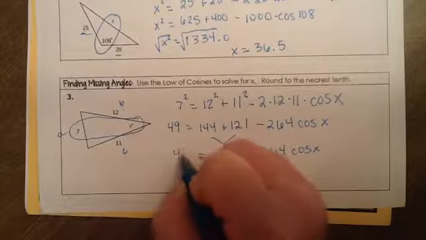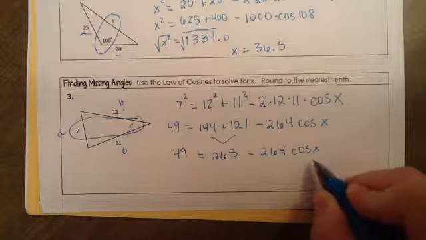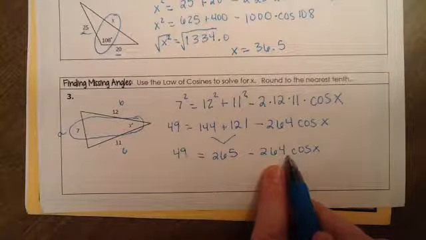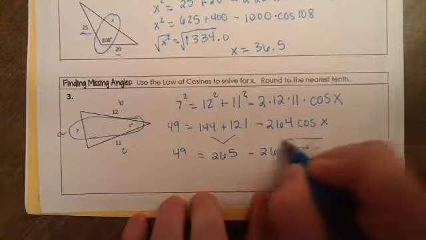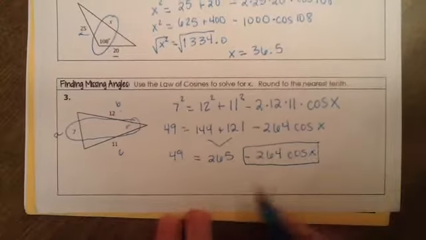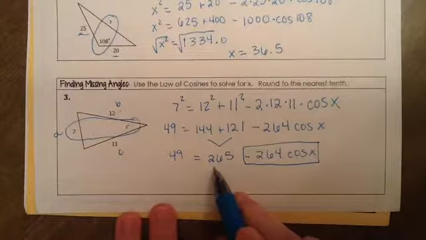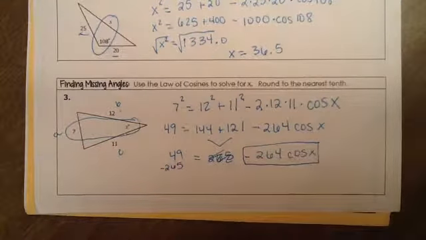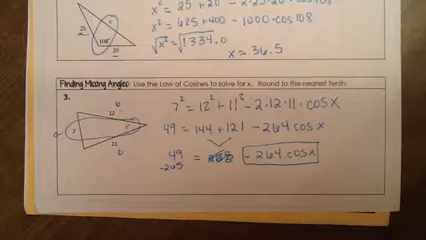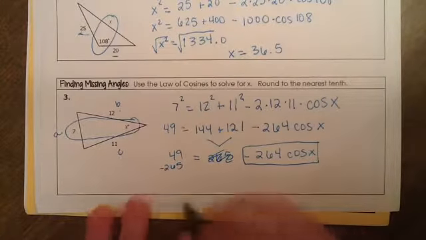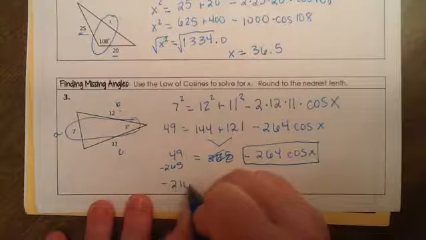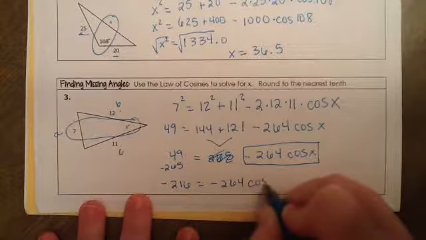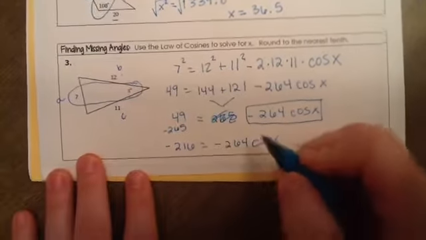I eventually need to get this x by itself. So I need to get rid of what is not attached. Well, negative 264 is attached. So that's all attached to x. So how do I get rid of 265? Minus 265. And that is negative 216. I'm getting closer to having x by itself.